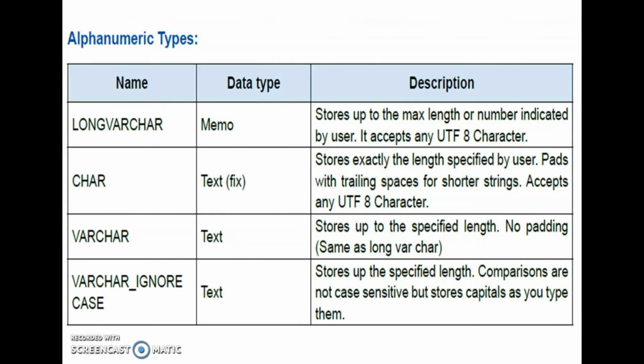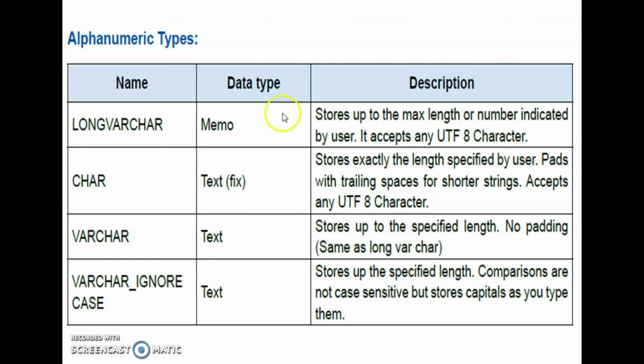Next one, alphanumeric types. That means alphabets and numerical values. Alphanumeric types: long varchar, then char, varchar, varchar underscore ignore case. These all are alphanumeric types. That is characters we can store in this particular field.